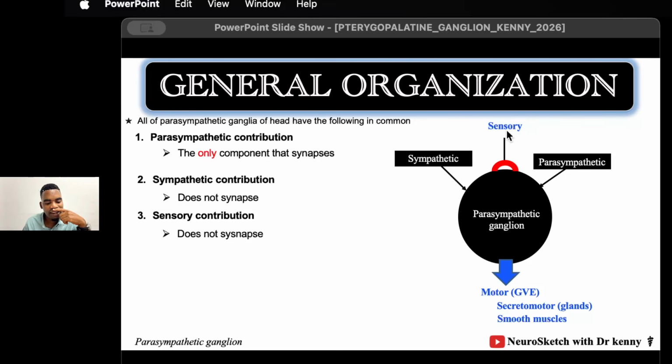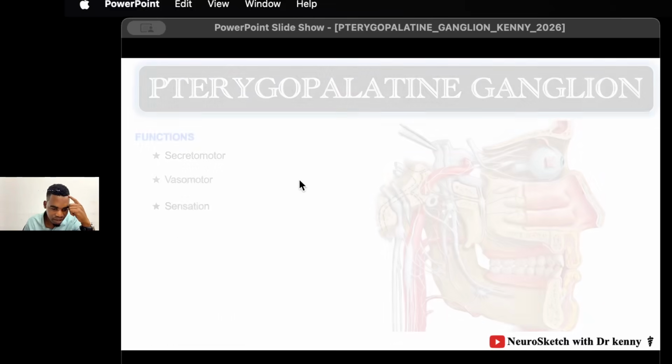Do the sensory fibers synapse here? No. Do the sympathetic fibers synapse here? No, they do not. Only the parasympathetic fiber synapses.